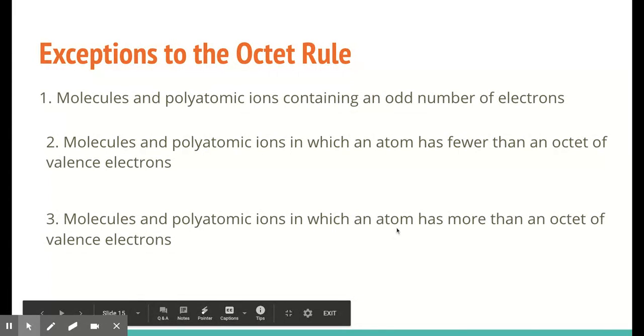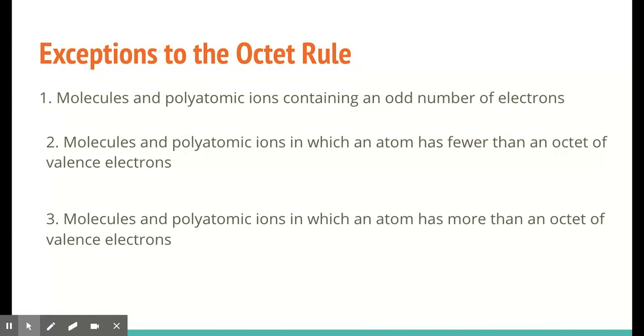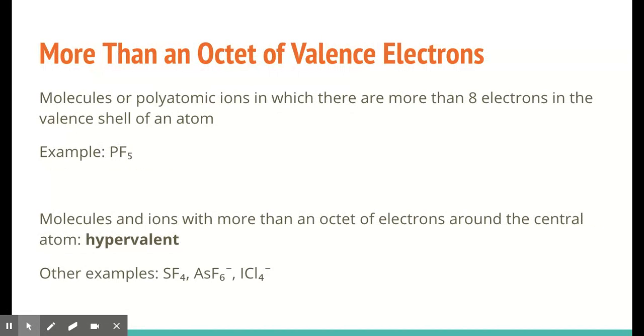Okay, last exception: molecules and polyatomic ions in which an atom has more than an octet of valence electrons. We've seen this with phosphorus and sulfur, but now we'll look at which other atoms this could work for. So these are molecules and polyatomic ions in which there are more than 8 electrons in the valence shell of an atom.